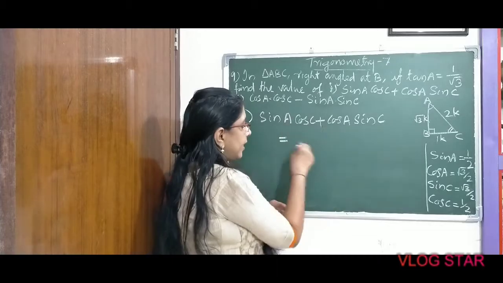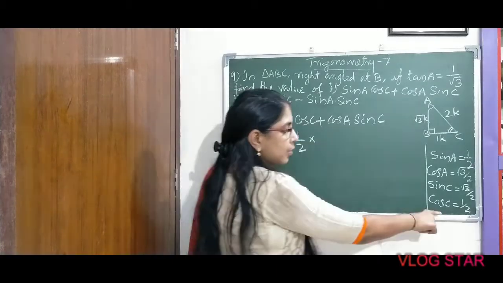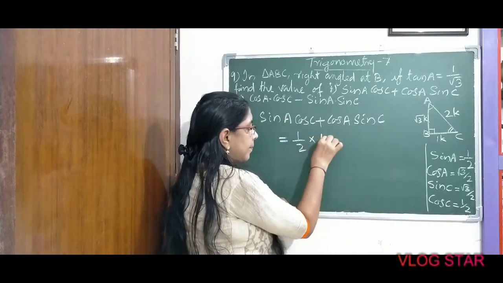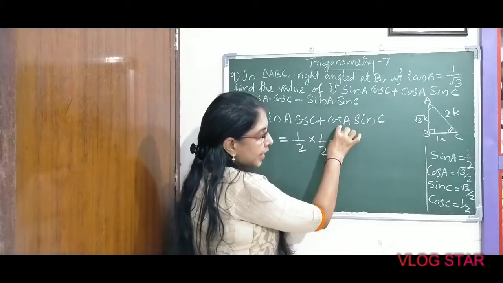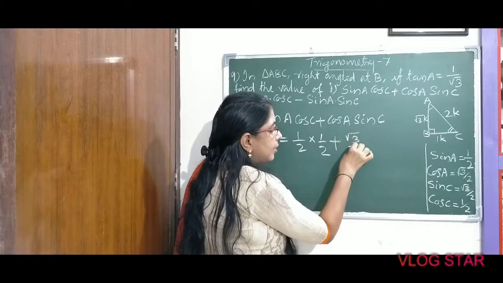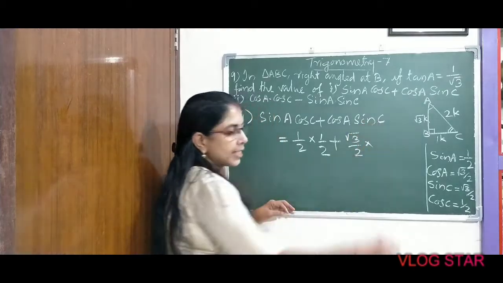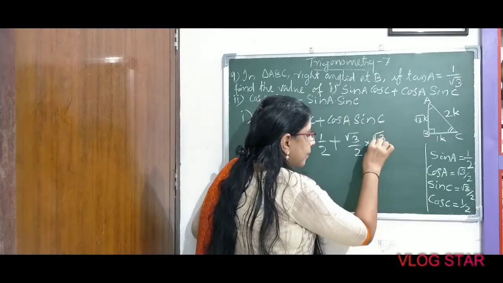The value of sin A is half, into the value of cos C, which is also half, plus, we know that cos A is equal to root 3 by 2, into sin C, which is again root 3 by 2.